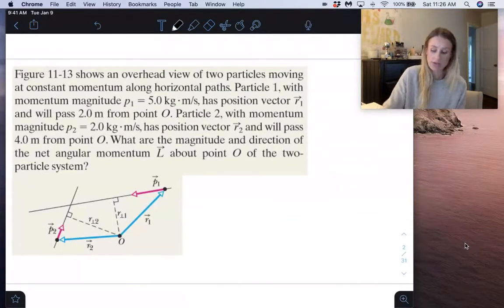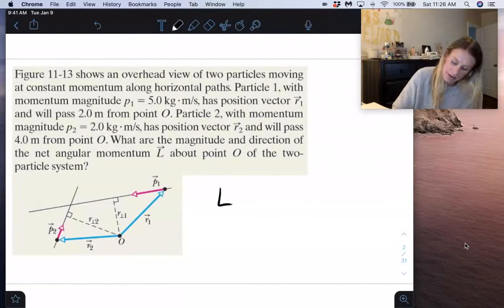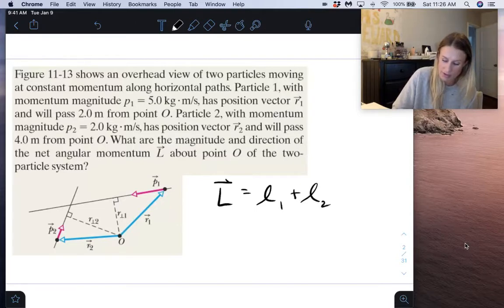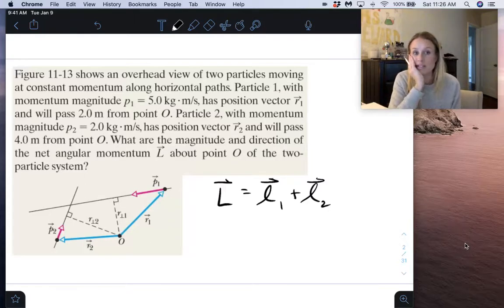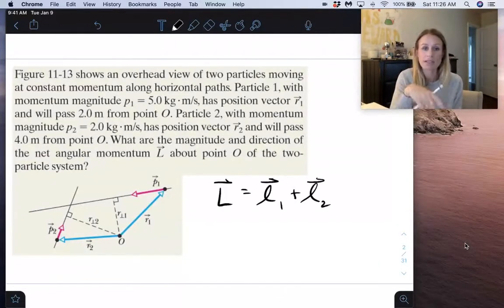So in order to find the net momentum, L, we need to add up the angular momentum from particle 1 plus the angular momentum from particle 2. First and foremost, I'm going to see which one's going to be positive and which one's going to be negative. Linear momentum that goes counterclockwise is positive, and linear momentum that goes clockwise is our negative.